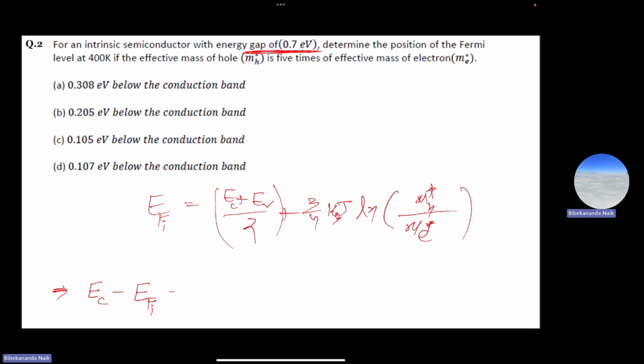If you take minus on both sides, it will be minus (EC plus EV) by 2 plus EC. So it will be (EC minus EV) by 2. Also here plus 3 by 4 will become minus 3 by 4 kBT ln 5, because mh, the effective mass of hole, is 5 times the effective mass of electron.